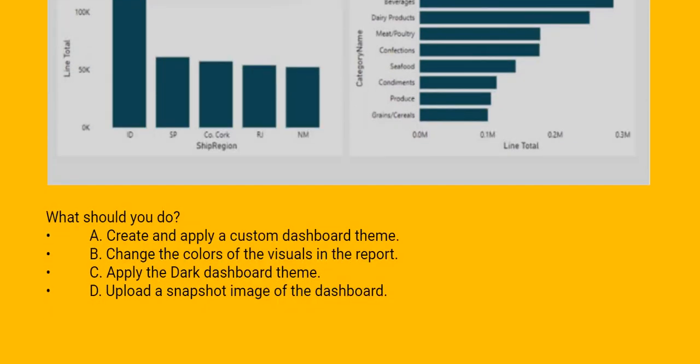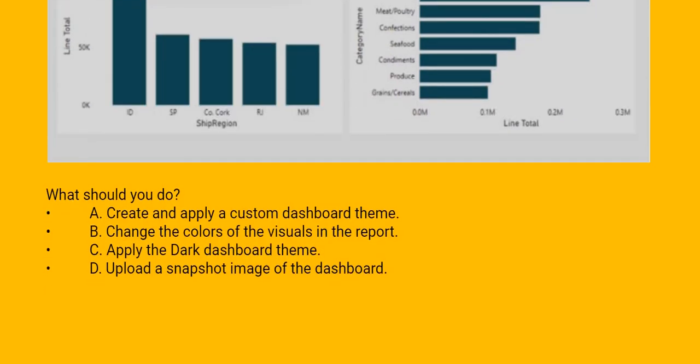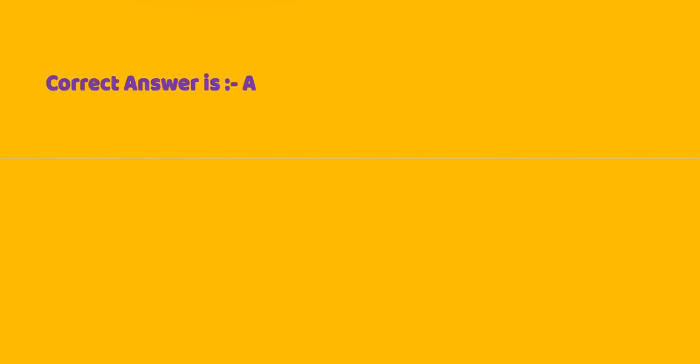Option A, create and apply a custom dashboard theme. Option B, change the colors of the visuals in the report. Option C, apply a dark dashboard theme. Option D, upload a snapshot image of the dashboard. Correct answer is option A.